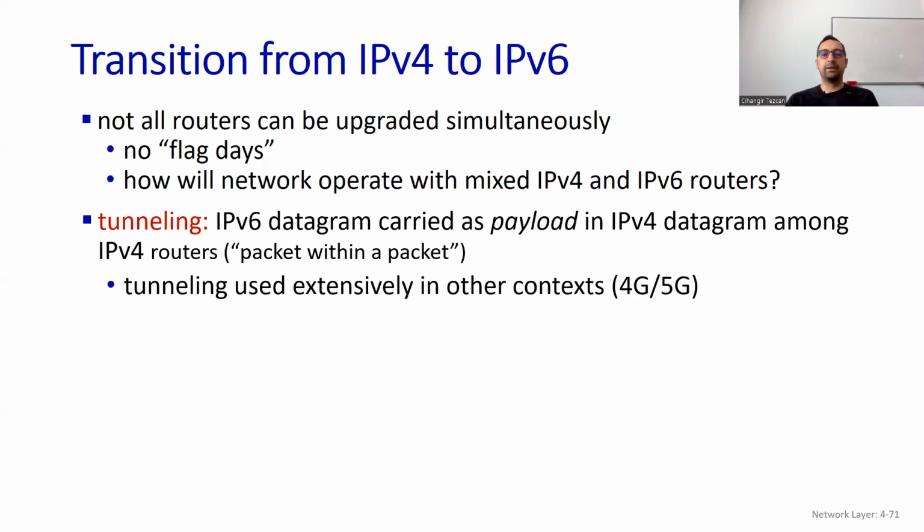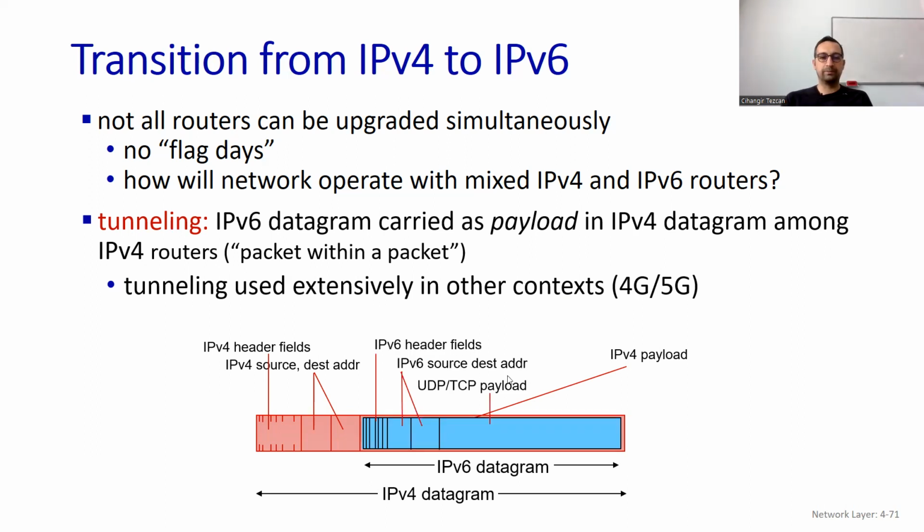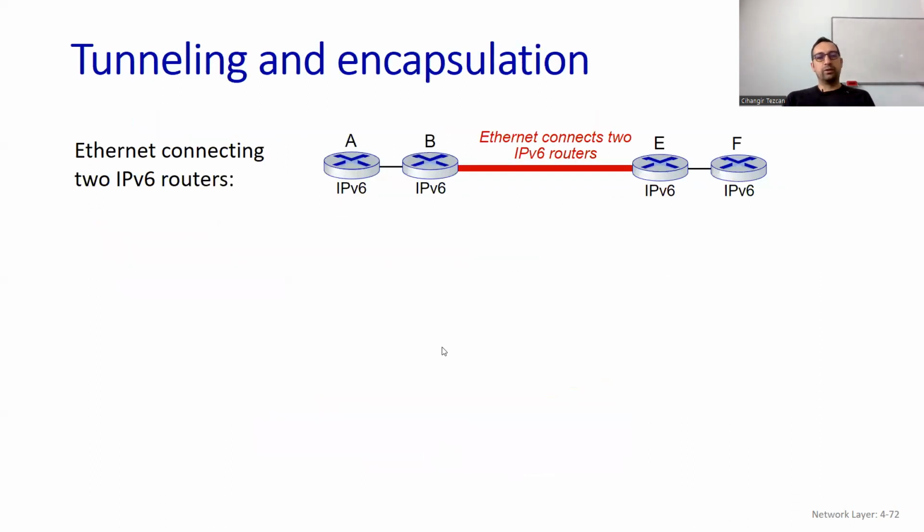Tunneling used extensively in other contexts like 4G and 5G. So what you do is just put the IP version 6 datagram as the payload of IP version 4, then put headers for the IP version 4. So as simple as that. So you make another encapsulation actually. So yes, IP version 6 headers will be inside the payload. So tunneling and encapsulation works like this.